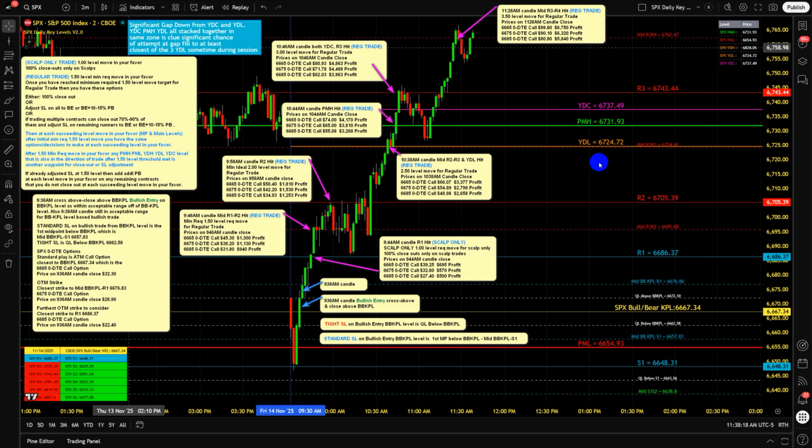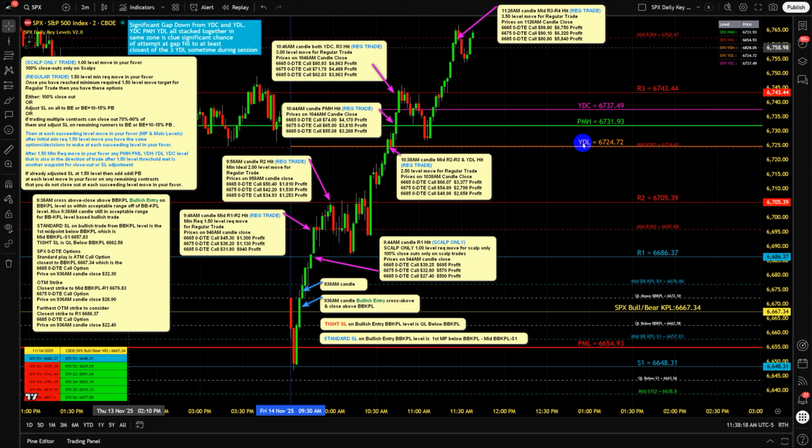Next, we have the next level move up here, which goes to mid R2, R3. Now that's a 2.5 level move. But it also hits the YDL level. And as we mentioned before, after the minimum required 1.5 move, if any of the YDC, YDL, YDH, PMH, and PML levels are in the direction of the move in your favor, and they appear after the minimum 1.5 level move in your favor, then those are additional waypoints for decision.